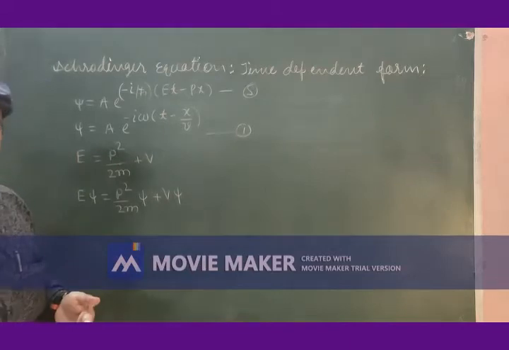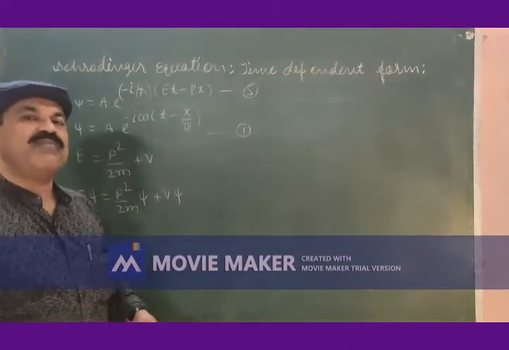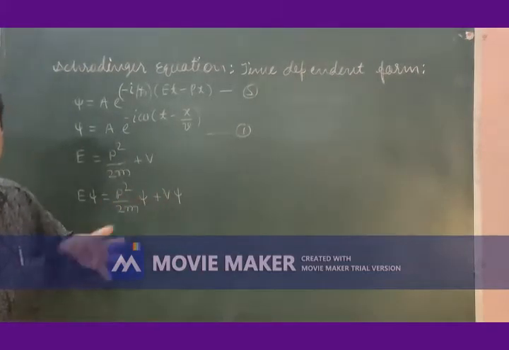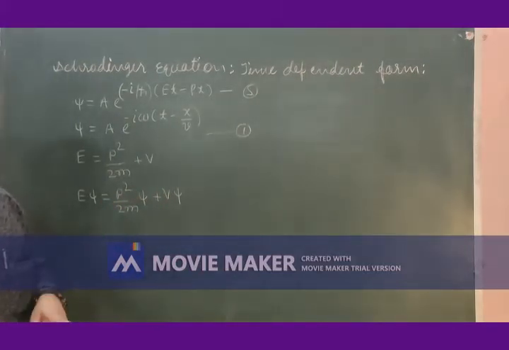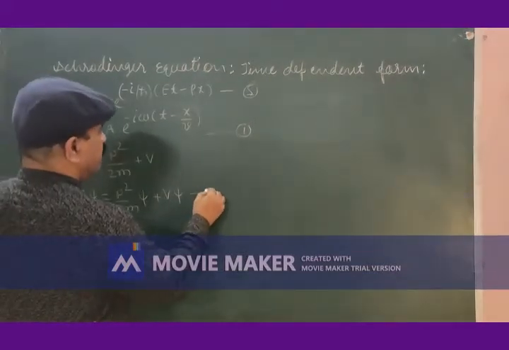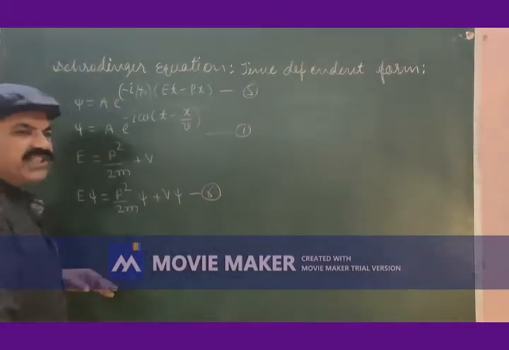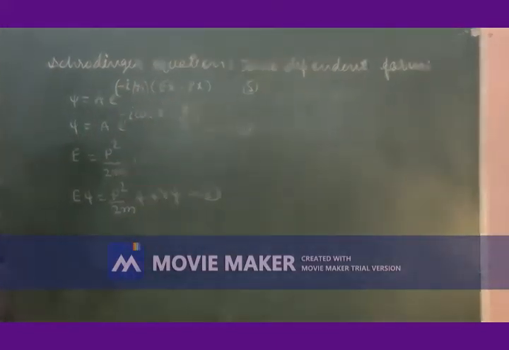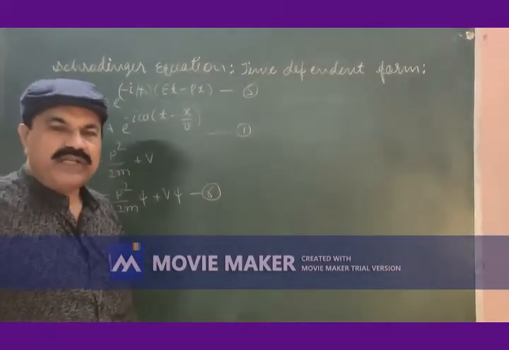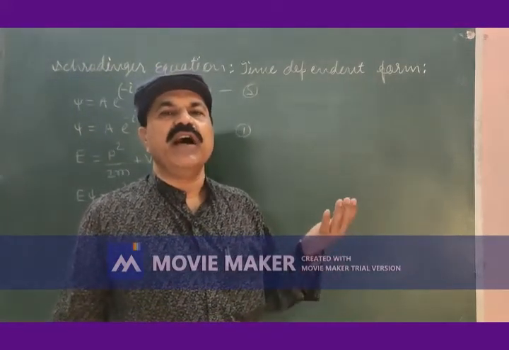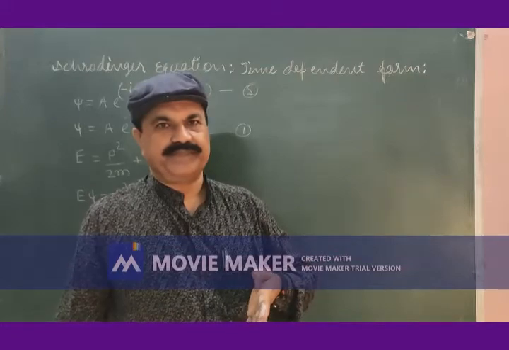We want to obtain the time-dependent form of the Schrodinger equation using this general form for total energy in quantum mechanics. So let us remember this as equation 6, I think, in the last lecture. Then let me go back to equation 5 that we derived for the wave function of a particle in motion.